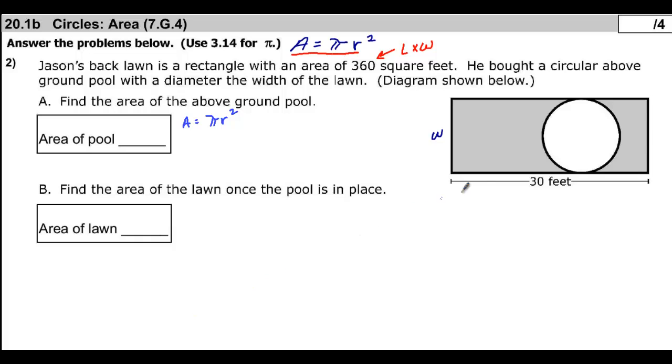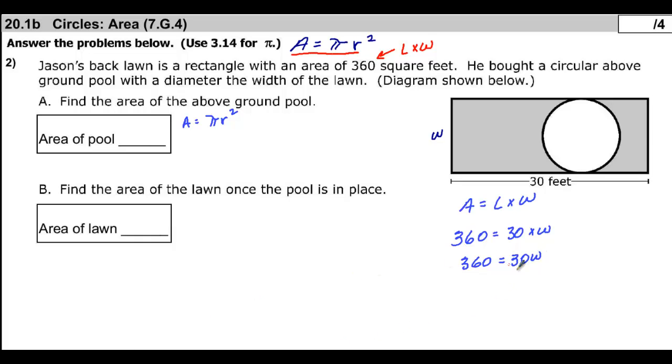Well, here's what we know. We know that the area of that rectangle is length times width. In this case, we know that the area of that rectangle is 360 square feet. We know that the length is 30 feet, so it's 30 times the width, or 360 equals 30W.